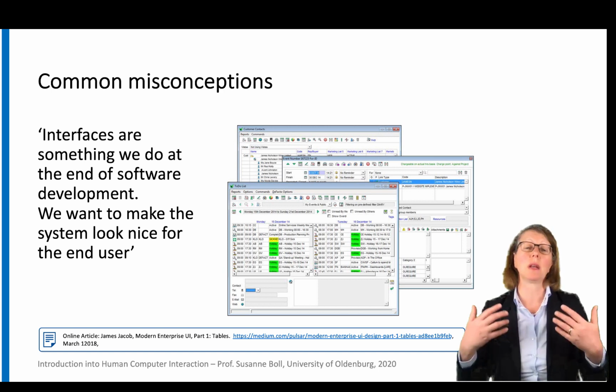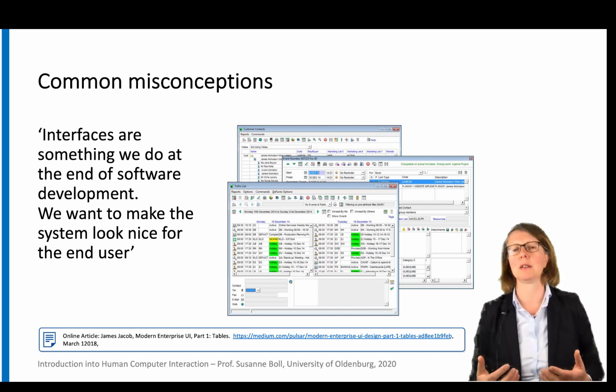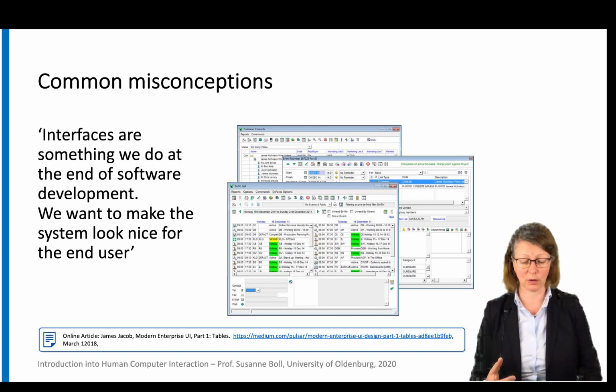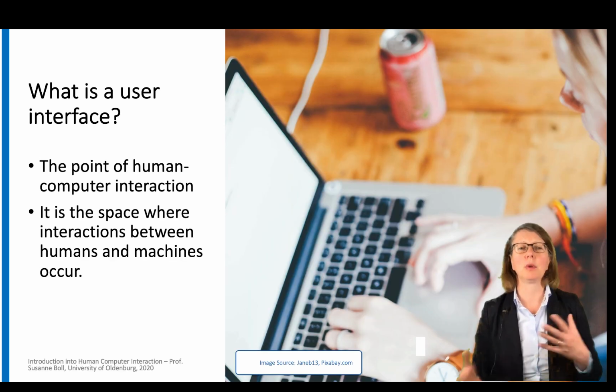So making the system look nicer at the end is definitely not what the human-computer interaction field wants to do. It wants to involve users very early, and it has an important role in the later usage of any interactive system.